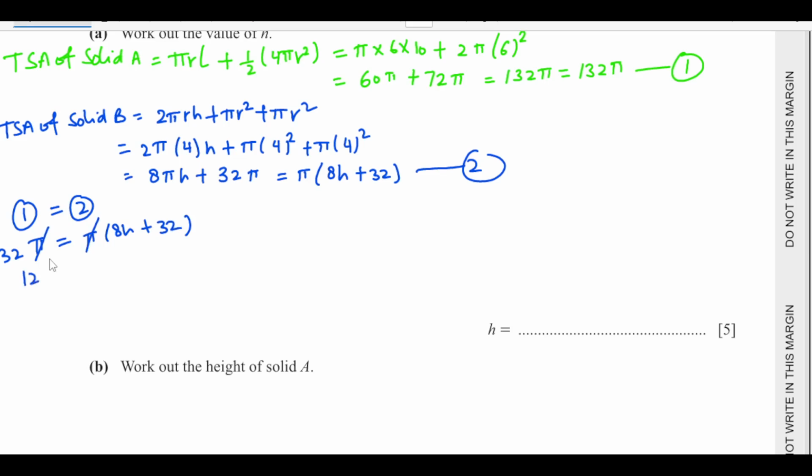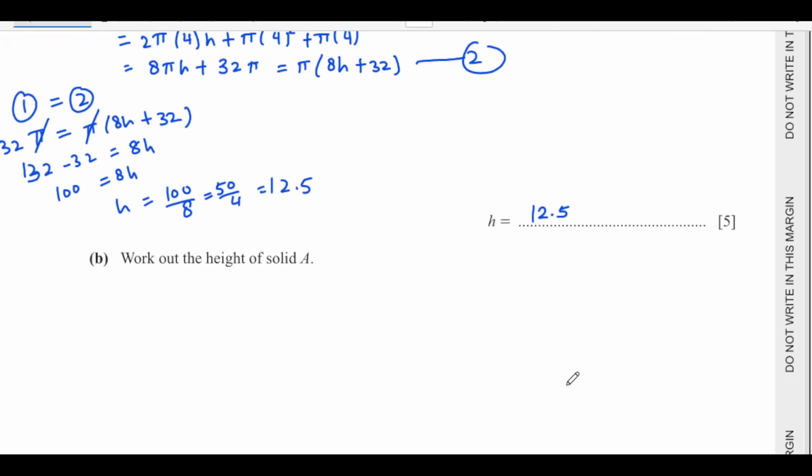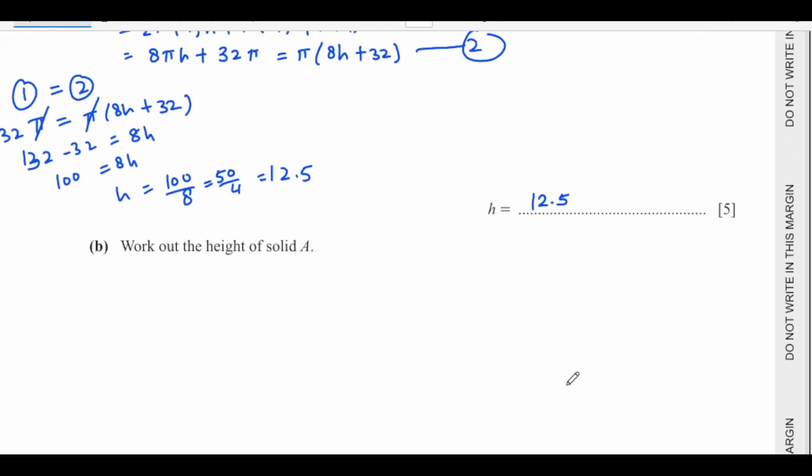So 132 minus 32 equals 8h. So this is 100 equals 8h, and h is 100 over 8, which is 12.5. So the value of h is 12.5.